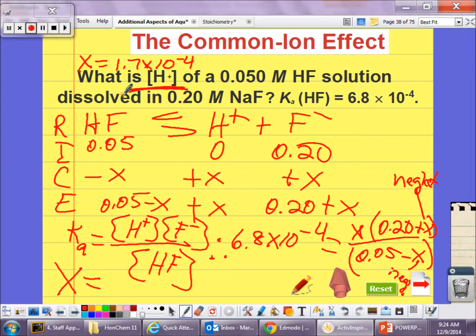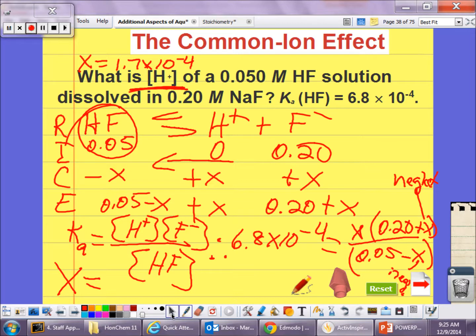Because you add F minus, it is going to shift this equation to the left, making less HF dissociate. So I need you to see it as math, and also see it in theory. Le Chatelier's principle will shift it to the left, so less HF will dissociate. Therefore, your H plus is less when you have that common ion.